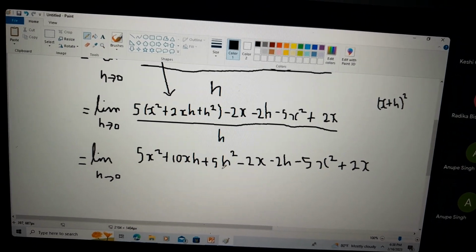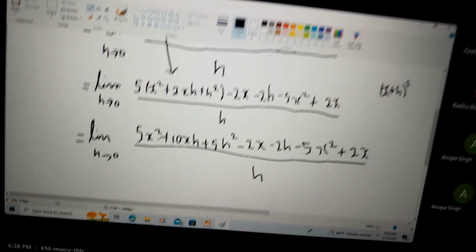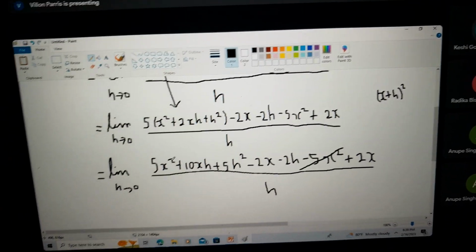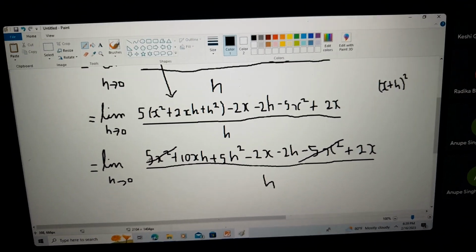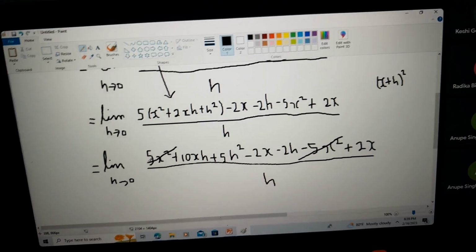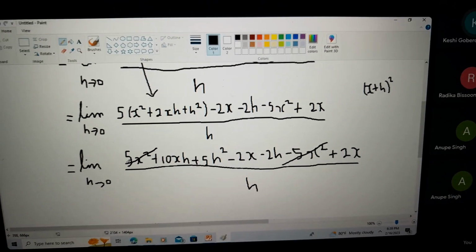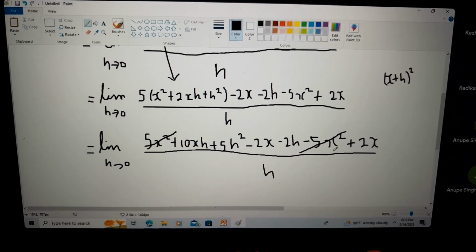Now, what we usually do here, we cancel out, right? So you see I have a minus 5x squared. So if I put them together, that will cancel out that. Just let me know if you understand what happened there. Yes, sir. Right?